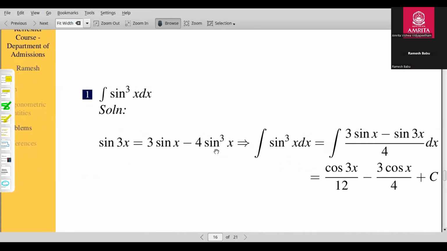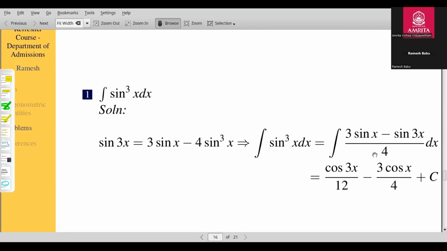Taking minus 4 sine cube x to the left hand side and sine 3x to the right, 4 sine cube x equals 3 sine x minus sine 3x. Therefore sine cube x is 3 sine x minus sine 3x divided by 4.